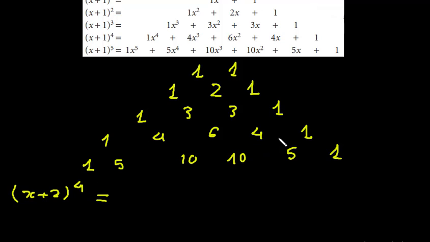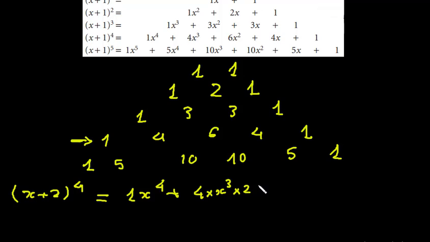So the coefficients will be the same, just with different terms. My first term would be 1 x to the power 4, and the next term is 4 multiplied by x to the power 3 multiplied by 2 to the power 1.